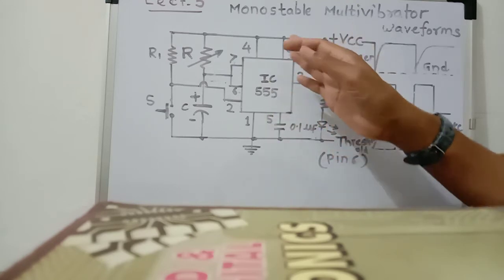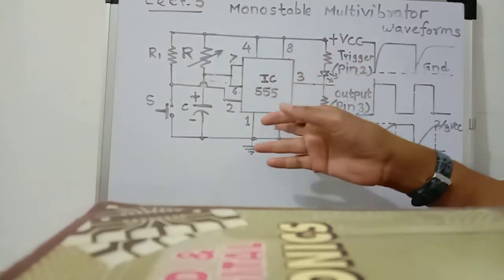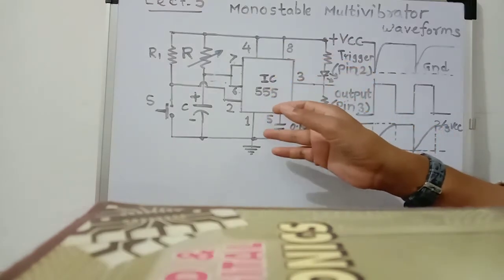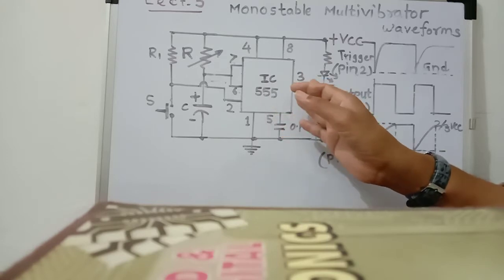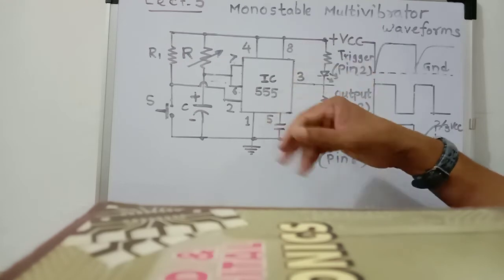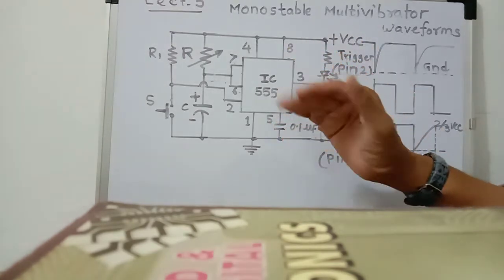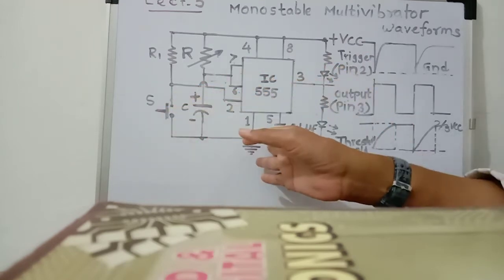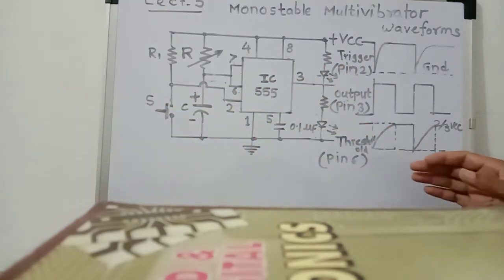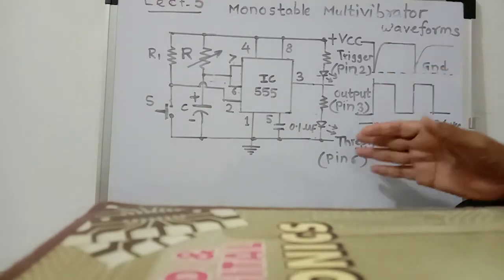So mono means one. This monostable multivibrator has only one stable state, that is the low state, and it changes to the unstable state when trigger input is applied.